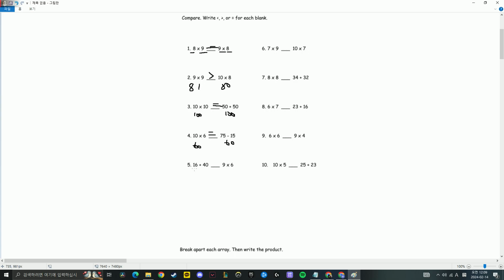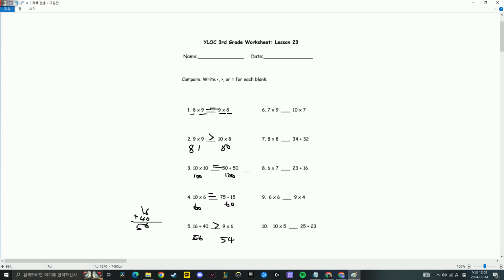16 plus 40, that would be 56, and this would be 54. 63, and that is 70. 70 is greater. 64, and that is 34 plus 32, so that'd be 66, and 66 is greater than 64.